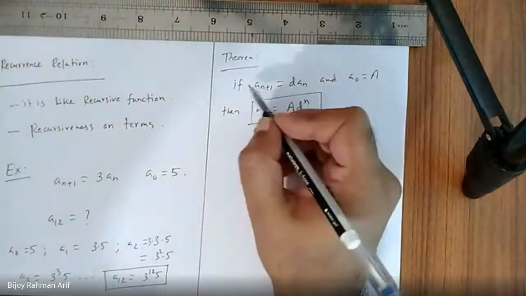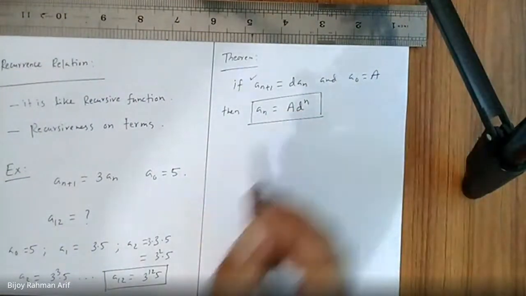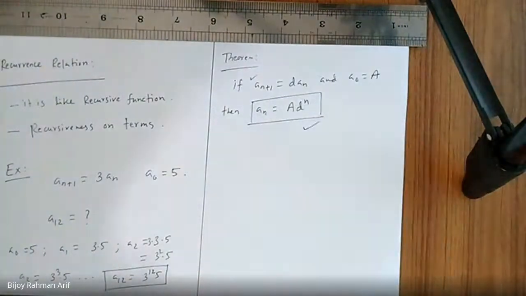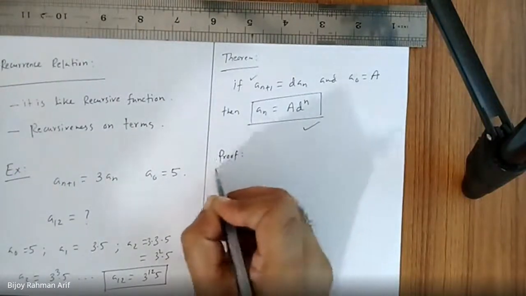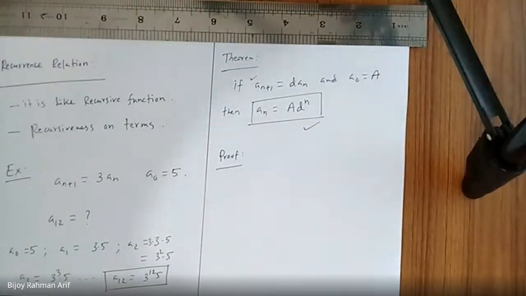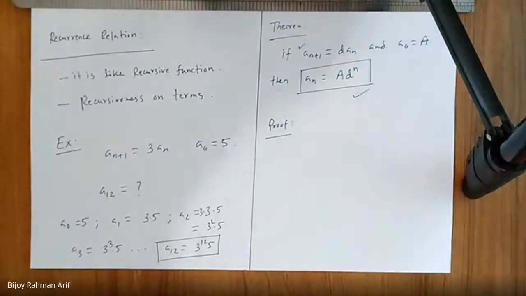If a recurrence relation is given and we know the initial term, then we can find the general term using this formula. Any idea, guys?